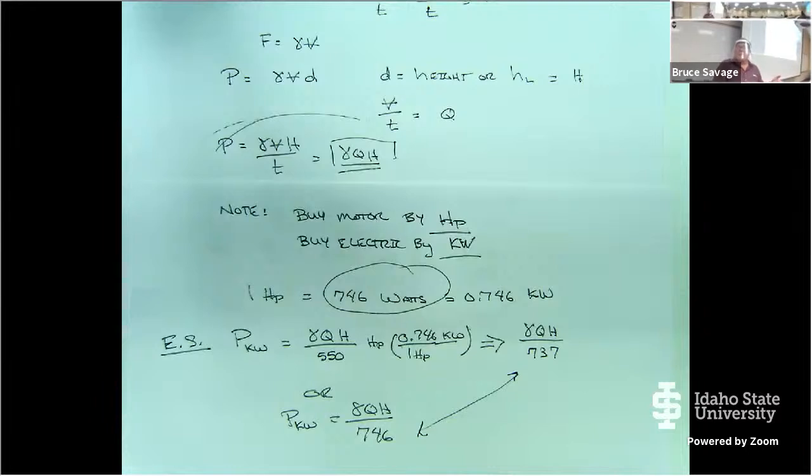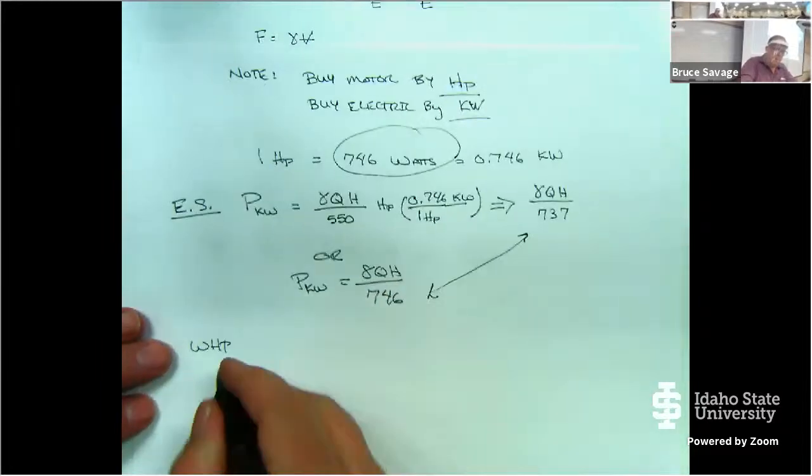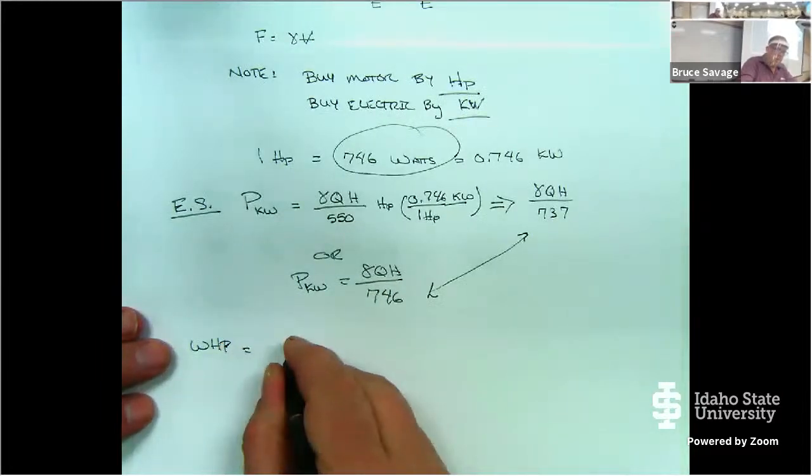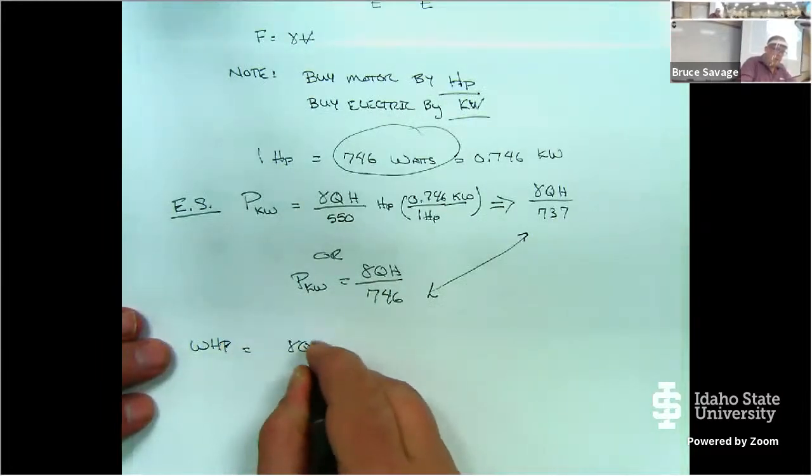And we still have to add now the efficiency of the pump. So water horsepower is equal to gamma QH divided by 550.